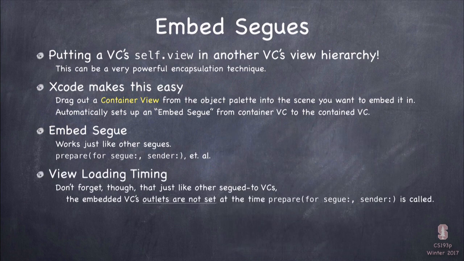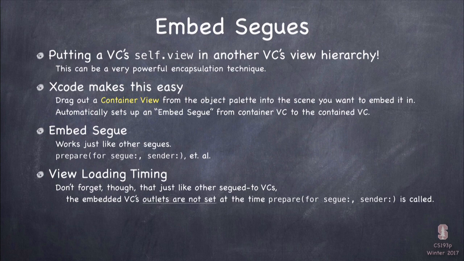One thing to be really careful about with embed segues, it's no different than any other segue in that when the prepare happens, none of the outlets are set in that MVC that you're embedding. Okay? So a lot of times people are embedding this other MVC and they want to set all kinds of outlets in the thing they're embedding, which you can't because none of those outlets have been set. You're in prepare, you're really early.